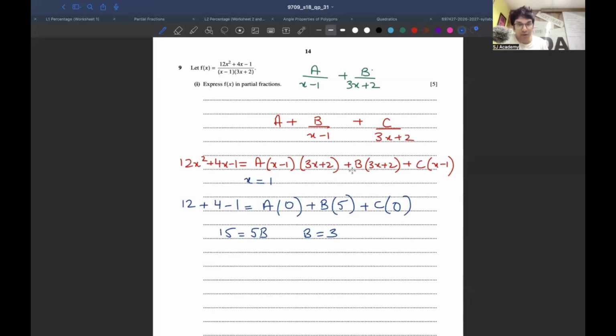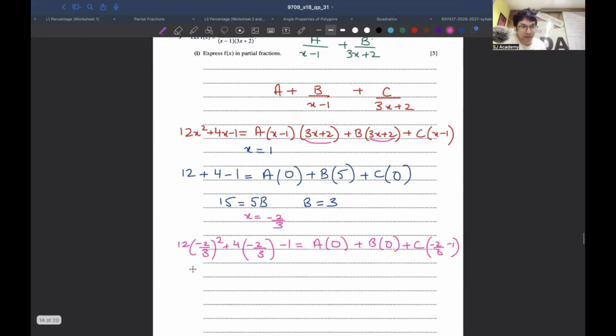To find the value of c, we can take one of the values of x as minus 2 by 3. If we take minus 2 by 3, the a and b terms will cancel out. So taking x equal to minus 2 by 3, we get 12 into (minus 2 by 3) whole squared plus 4 into minus 2 by 3 minus 1 is equal to 0, plus b will also become 0, and this will become c times (minus 2 by 3 minus 1).